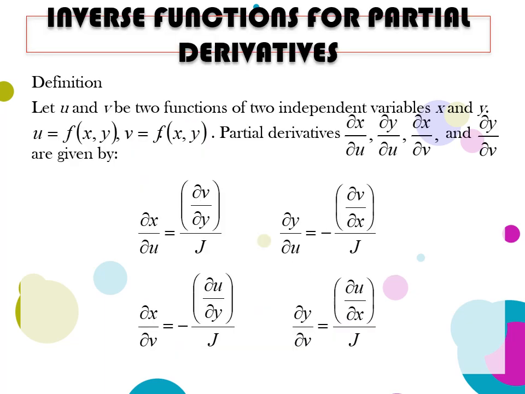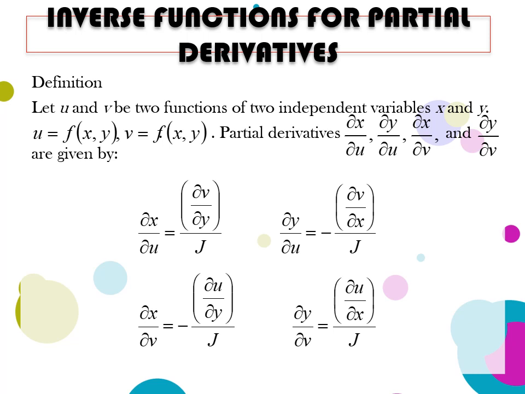So what is the use of Jacobian? Jacobian can be used to find the inverse function for partial derivative. Let's say you have functions u and v, which depend on two independent variables x and y. So your u is a function depending on x and y, while v is also a function depending on the same variables x and y.